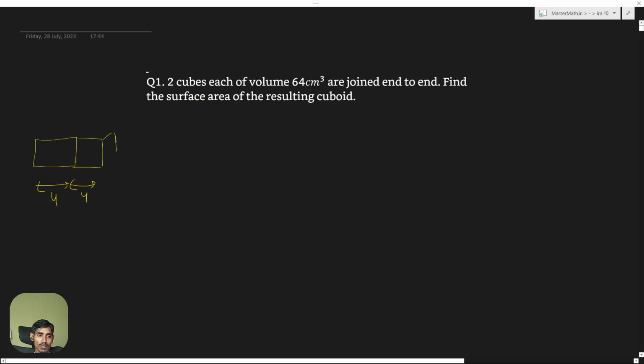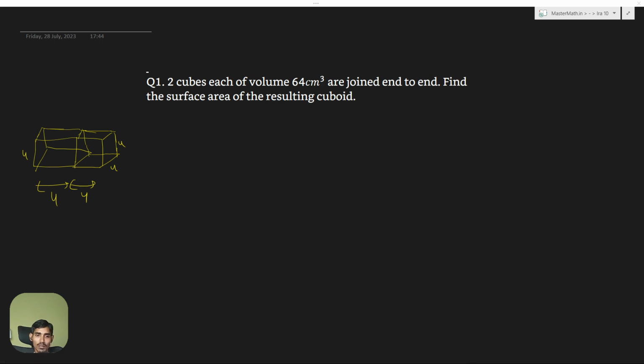And what about the others? The top will also be eight, front will also be eight, and back will also be eight. All edges would be 8. And then the middle one we don't have to count. And then four and four. This is also 4. This is also 4. So yeah. Next.